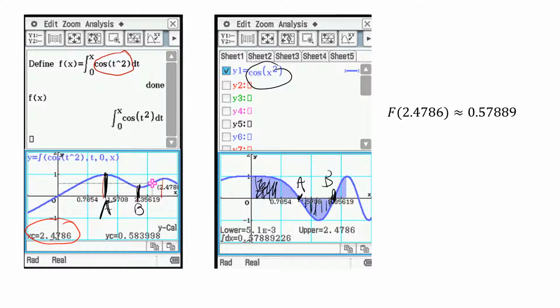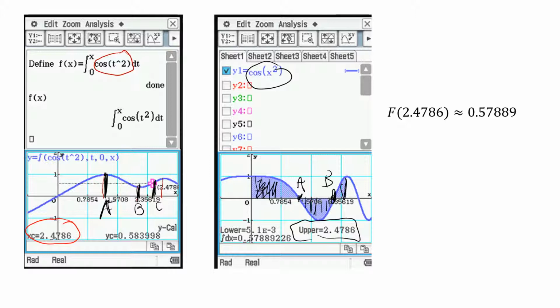Now we return to a positive signed area until we hit that 2.4786, and in fact the area that I've swept out, the net signed area, so that's here, let's call that point C. I've got the calculator on the left.